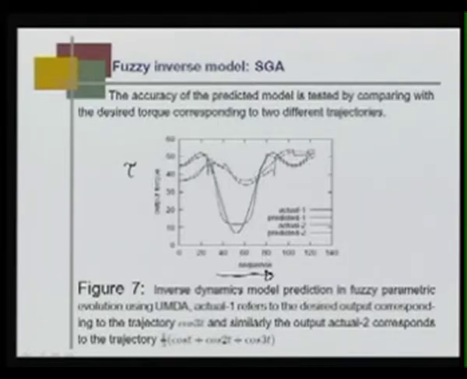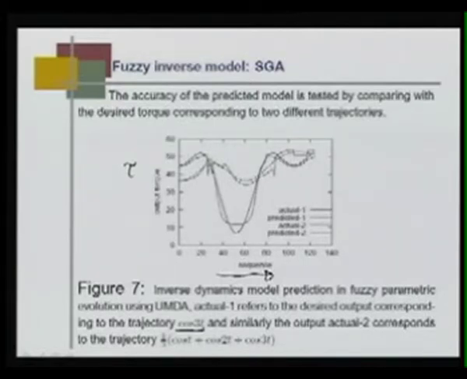So, you see the desired torque at different instances along the trajectory cos 3t is this one, the desired torque, and SGA is estimating the values like this.